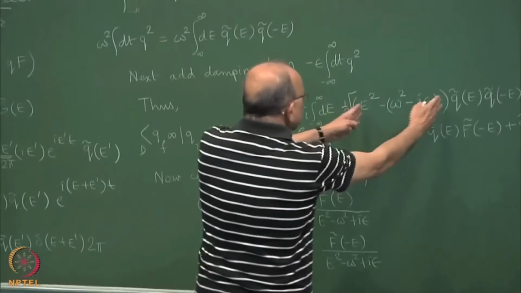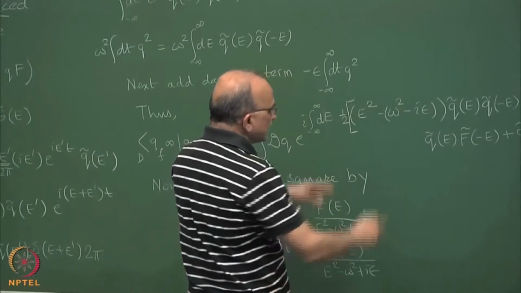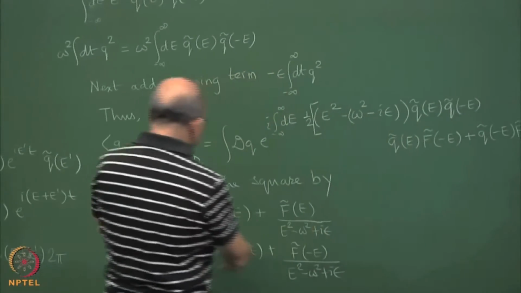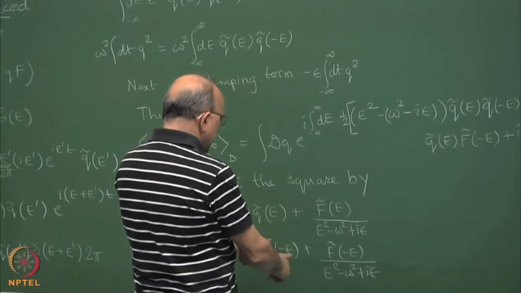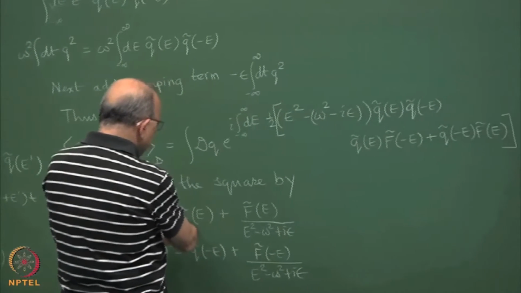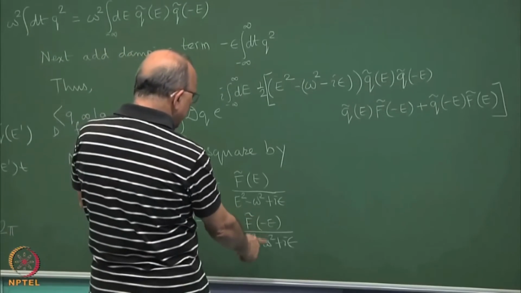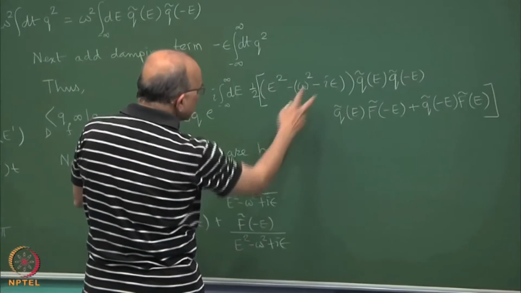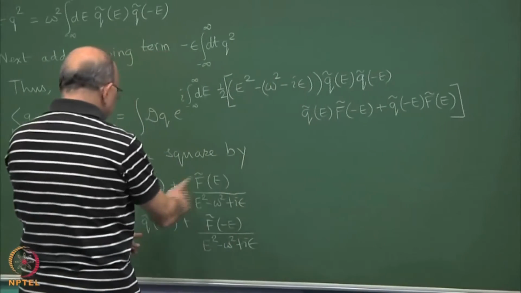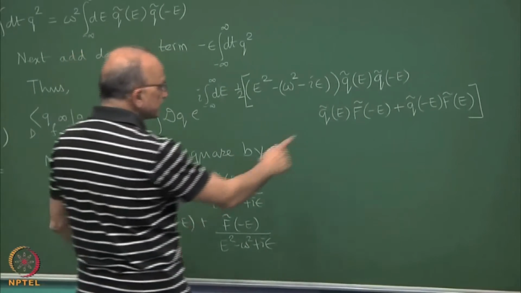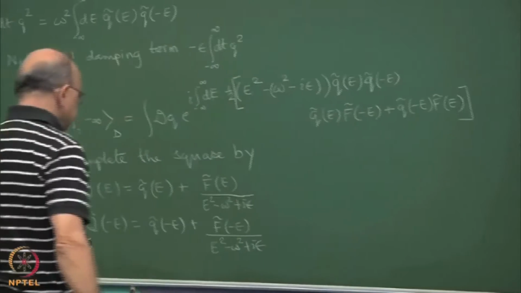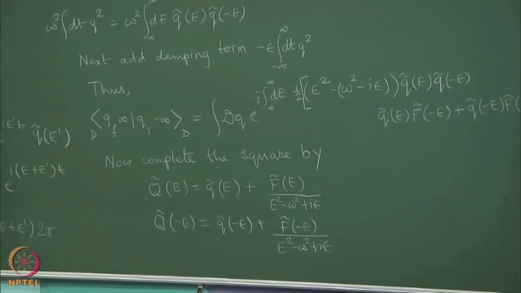So I have pulled out this, so it will give this term correctly, and the cross term has to be q tilde E f tilde minus E divided by this, which is correct, and this divided by this times this. So I will get both these terms, right. So this is the correct definition.